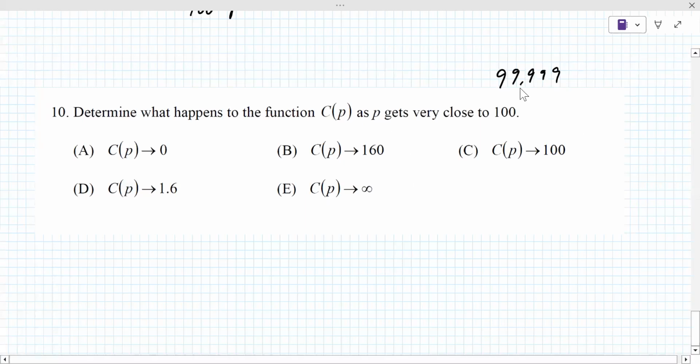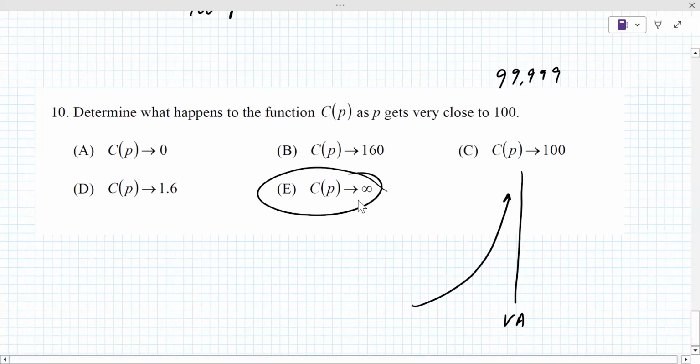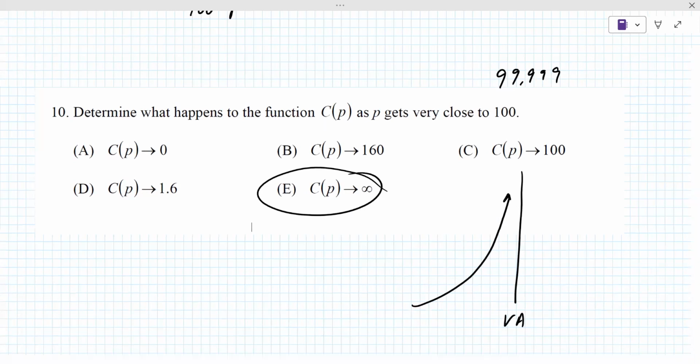So if you're unsure, put that value in, and what you'll see is that it grows. The cost grows because there's a vertical asymptote there. Okay. So it just gets larger and larger. And intuitively, that makes sense. You can't really remove all the pollutants and not expect to have to pay a lot to have that happen.